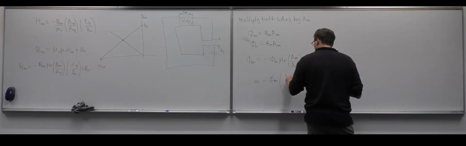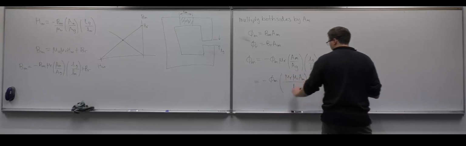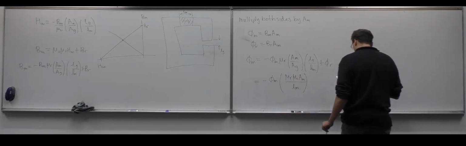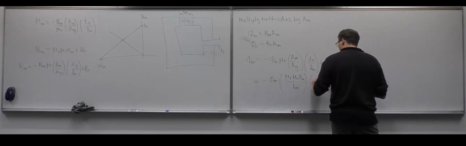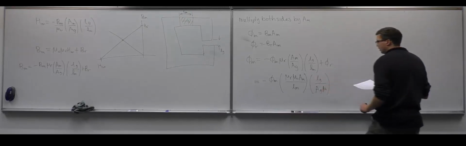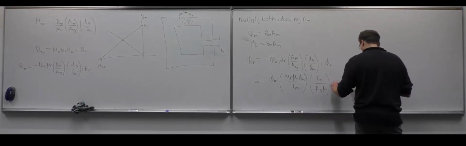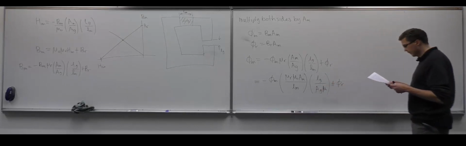So we have mu R, mu naught, Am divided by Lm. So this is all in terms of magnet material properties, and then Lg divided by Ag mu naught, that's in terms of air gap properties, plus the phi r.